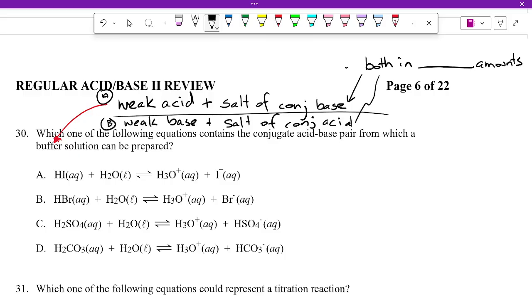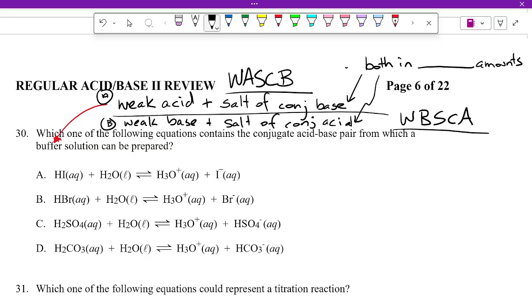And again, you're going to need to have both in either small, medium, or big amounts, and we'll think about that in a moment. Weak acid plus the salt of the conjugate base; weak base and the salt of its conjugate acid. I don't know if that's helpful, but it helps me.